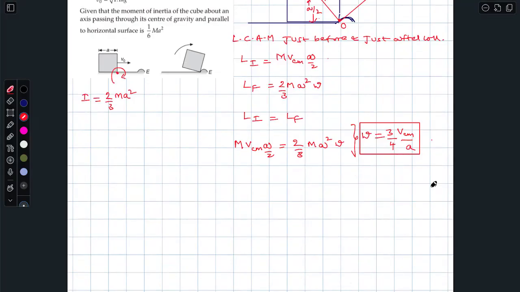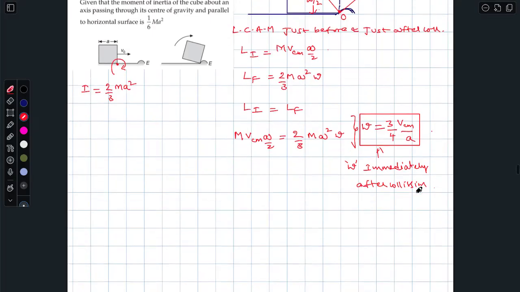Right. This is omega immediately after collision. Now what happens is total rotational KE initial is equal to final.